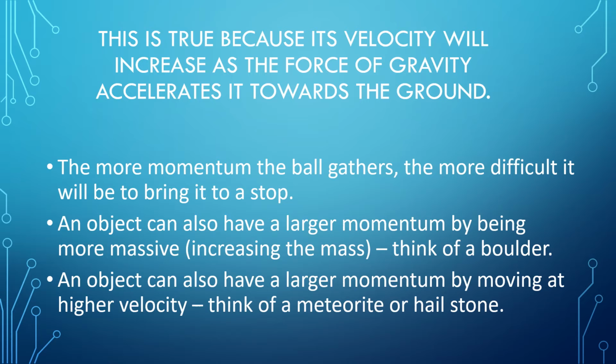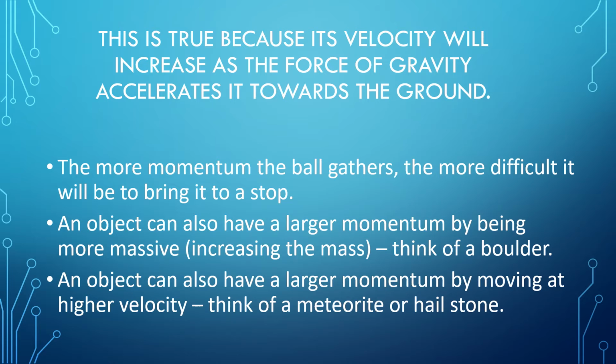When you say something's gaining momentum, the more momentum it has, the harder it will be to stop as it's coming towards the ground, because the velocity is increasing as it's going down a hill, since the force of gravity is accelerating it. So you can increase the momentum by increasing the mass, or you can increase the momentum by increasing your velocity, which could be potentially due to gravity.